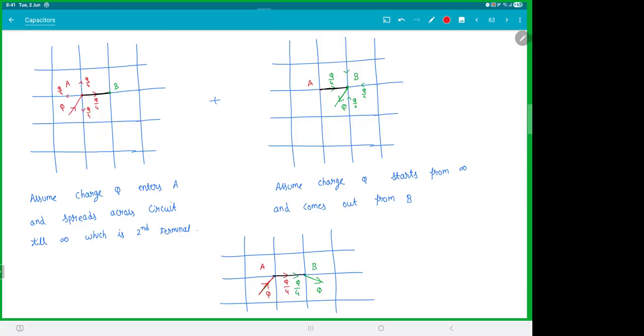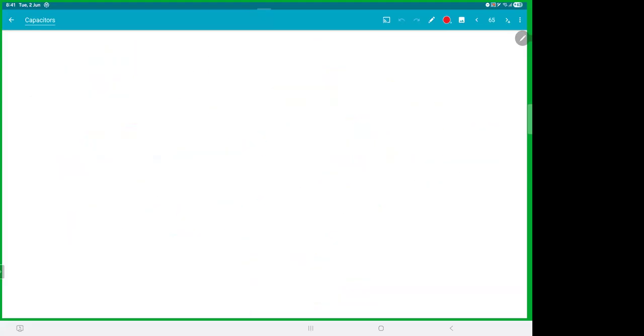All got the story? I'll give you one more like this. Now you guys tell me what is the answer. So if you got the logic there, let's say we have infinite hexagons.